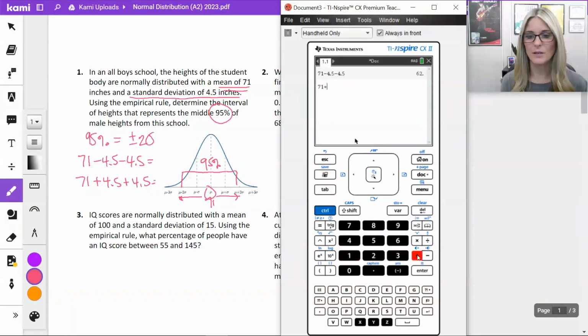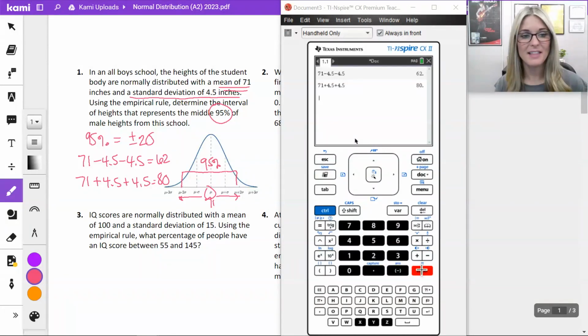And then 71 plus 4.5 and another 4.5, my upper side is going to be 80. So 62 to 80. To write that interval, you are going to use parentheses, (62, 80), to represent that 95% of the average heights at this all-boys school.